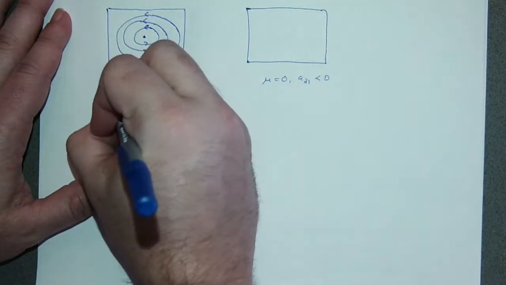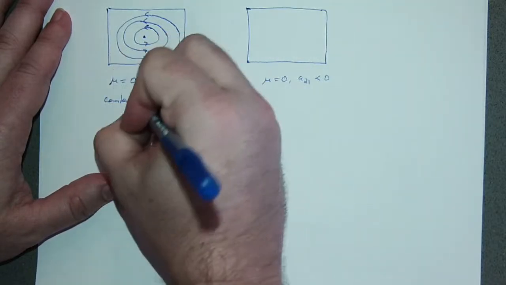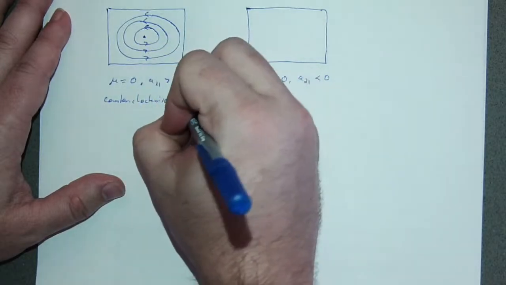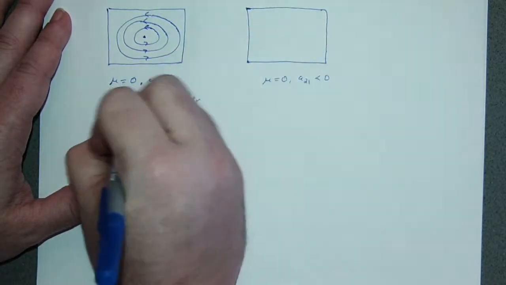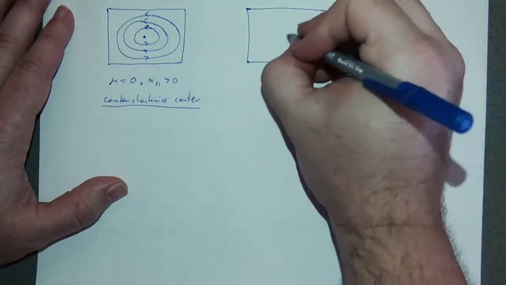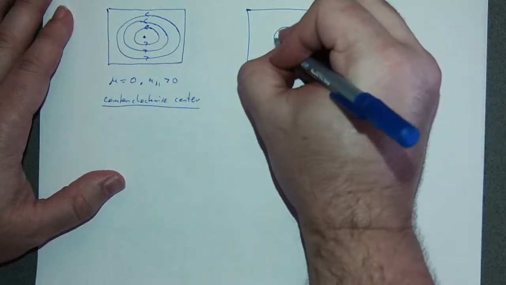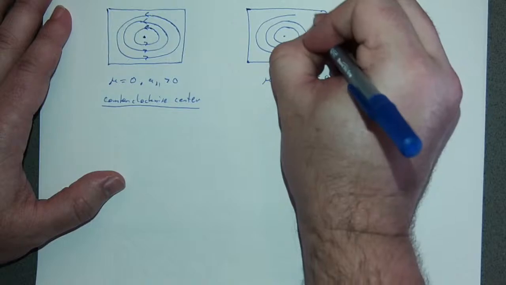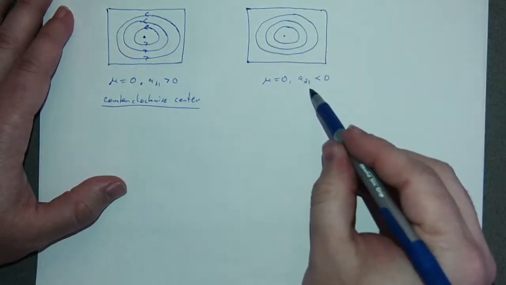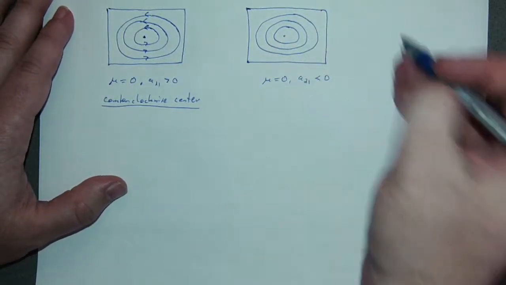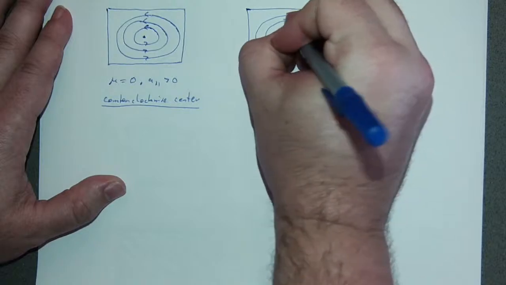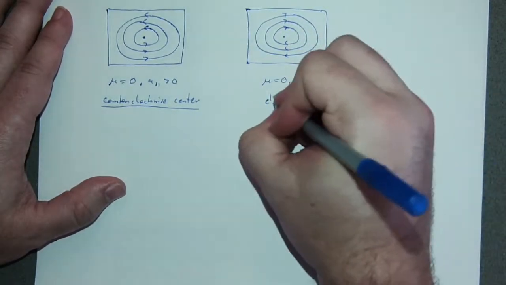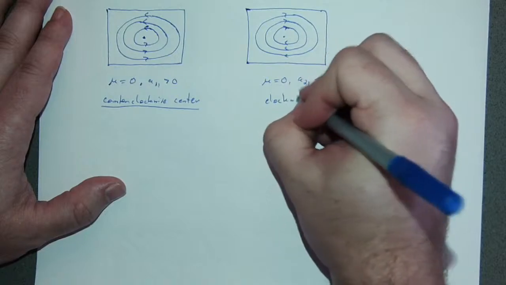So this is a counterclockwise center. These are called centers. Similarly, the picture here is exactly the same, except since A21 is negative, the motion indicated is clockwise. This is a clockwise center.